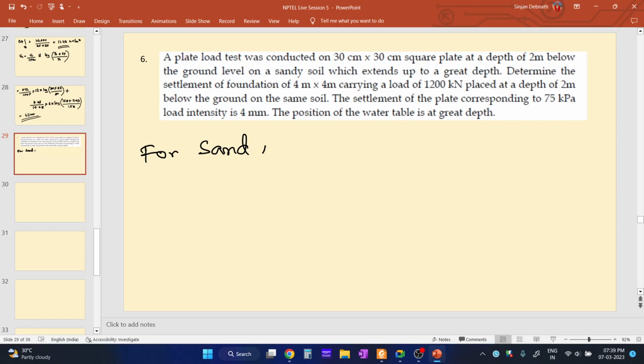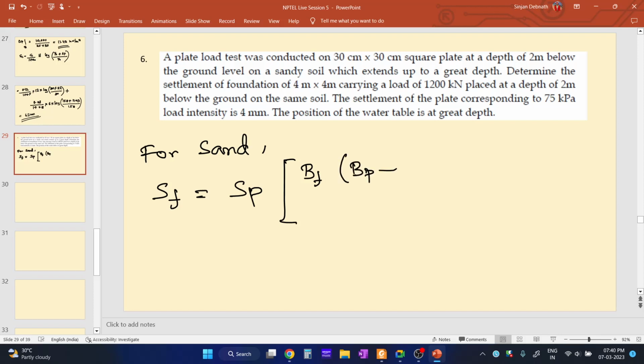So for sand, the formula is: SF, that is the settlement of the footing. SP is the settlement of the plate. BF means the breadth of the footing.